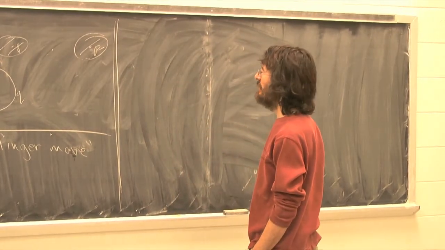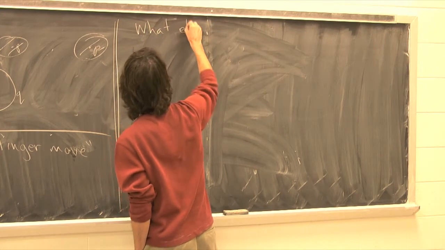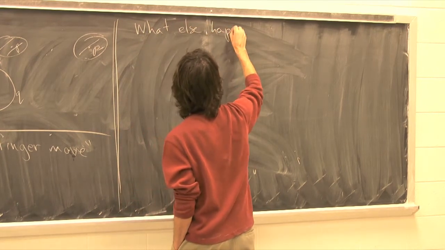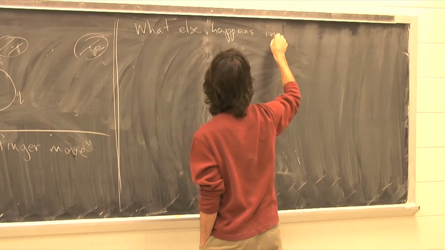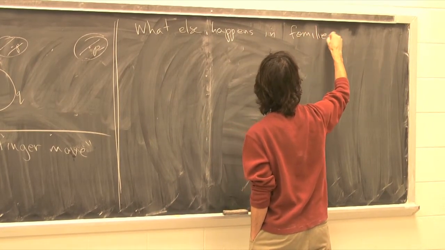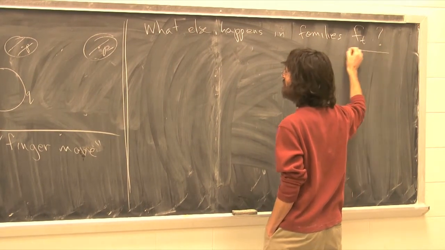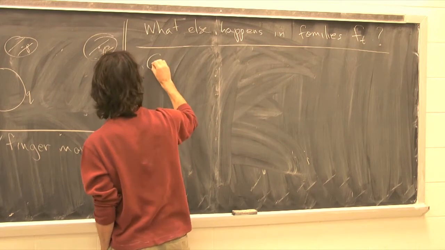So now, what else happens in families of Morse functions? Okay, so let's be a little careful.